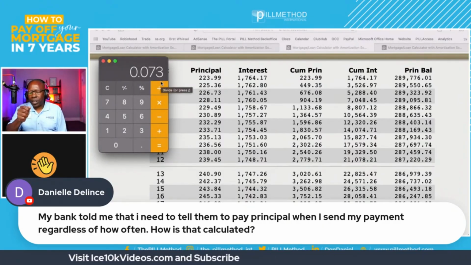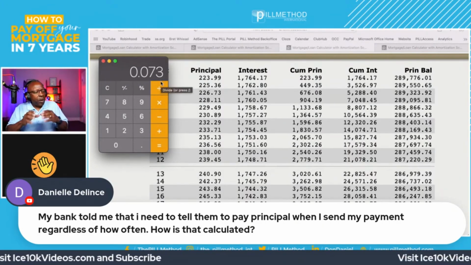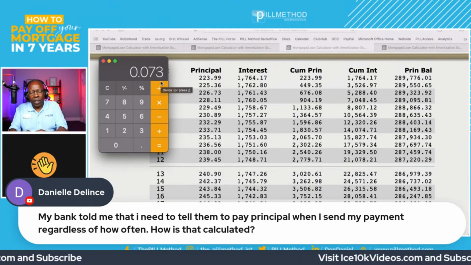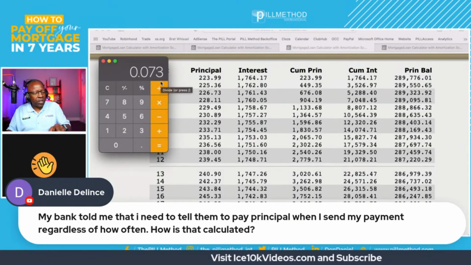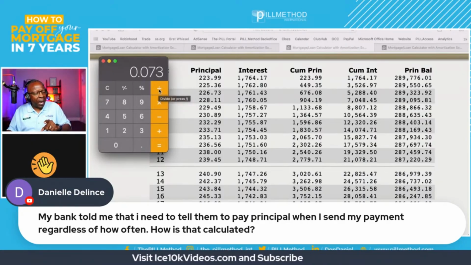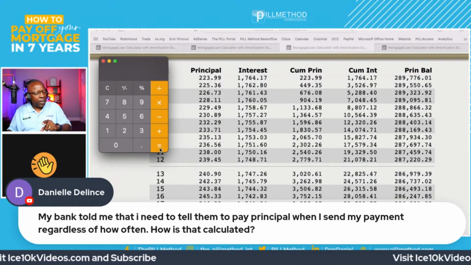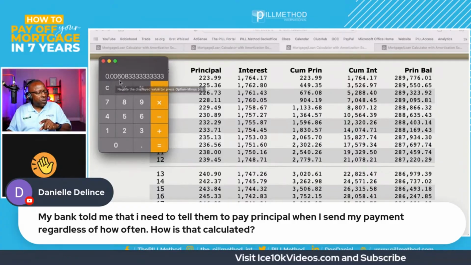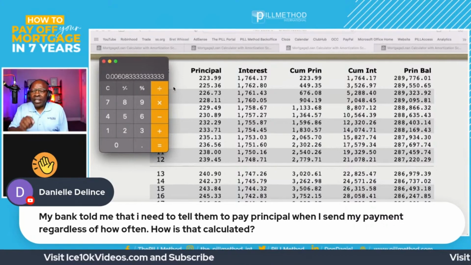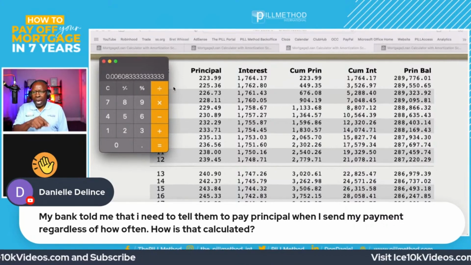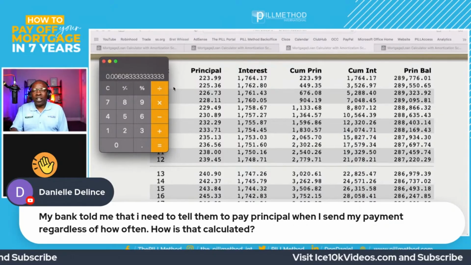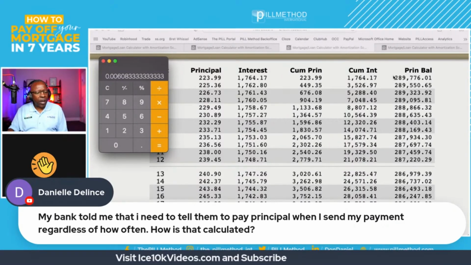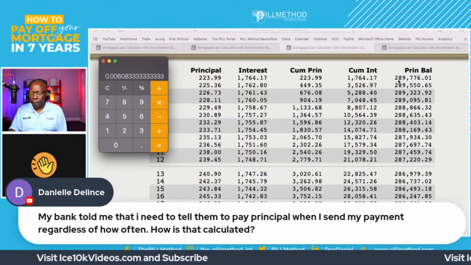We put it in our calculator as a percentage, 0.073. Then we take 0.073 and divide it by 12, and we get 0.00608 and a bunch of threes. They take that number and multiply it by the unpaid balance. So we have a principal balance on line 1 here.